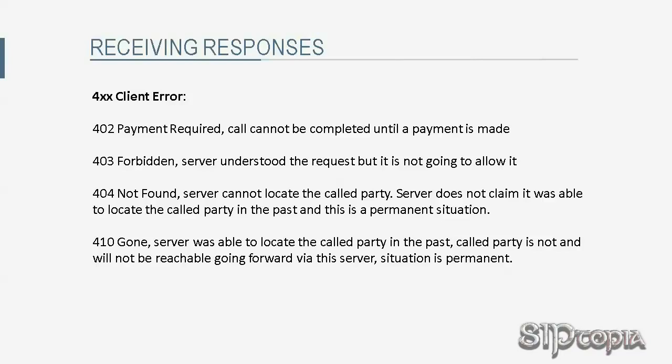403 forbidden indicates that the server understood the request, but it is not going to allow it. There are different instances where the caller could end up with 403 forbidden responses. For example, let's say Tarzan is using a very old version of a SIP phone and the administrators of the SIP environment only allow recent versions due to, let's say, security flaws found in the older versions.